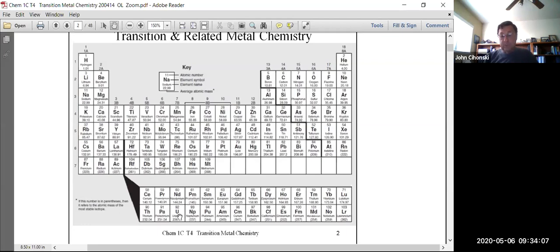Uranium, once we go past that in this row, all of these elements are artificial. So every one of the elements that we have here, if we have a sample in our hand, that would be a man-made species. They all have a generally fairly short life, but not extremely short.